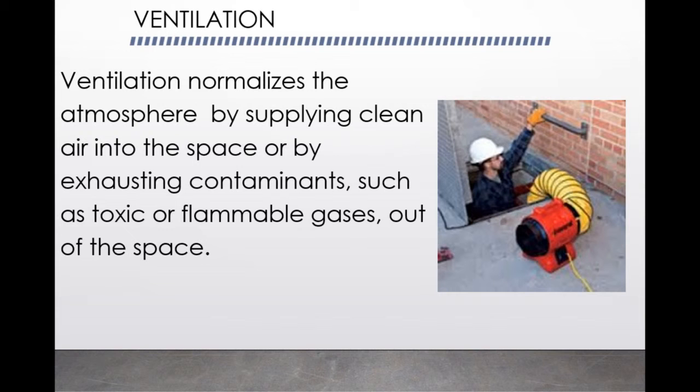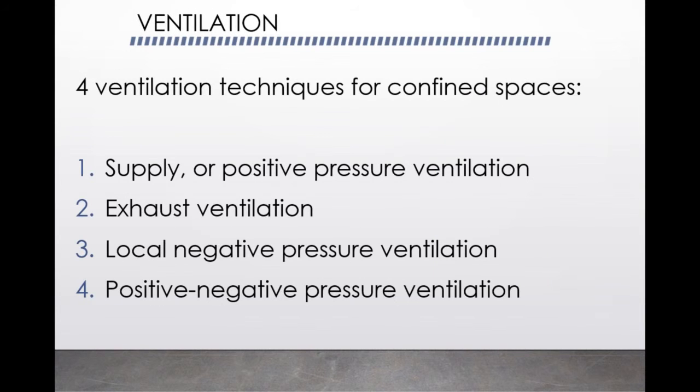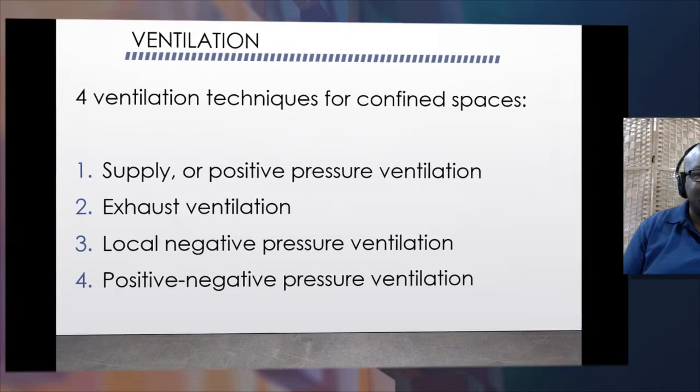And now, the next thing that you want to do is make sure that you set up your ventilation, and you're going to do 3 purge volumes again. So know the space that you're in, put in the discharge side of that ventilator, so it's blowing into that space, and purge that out 3 times from whatever the calculation is of that space. So you want to make sure that there's plenty of clean air in there, so there are no real toxic fumes. So supply or positive pressure ventilation, exhaust ventilation, local negative pressure ventilation, and then positive negative pressure ventilation.